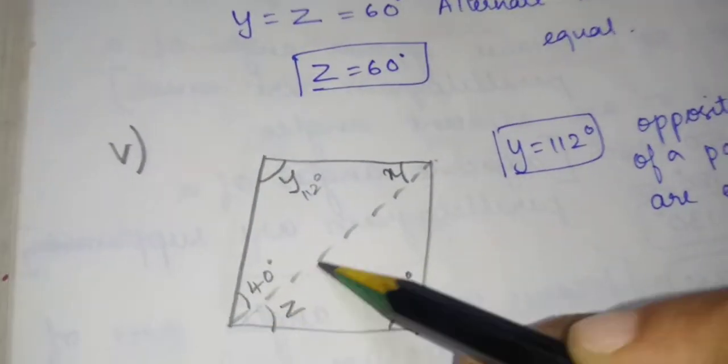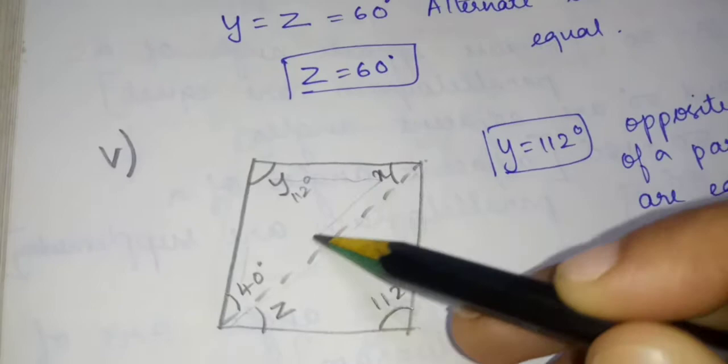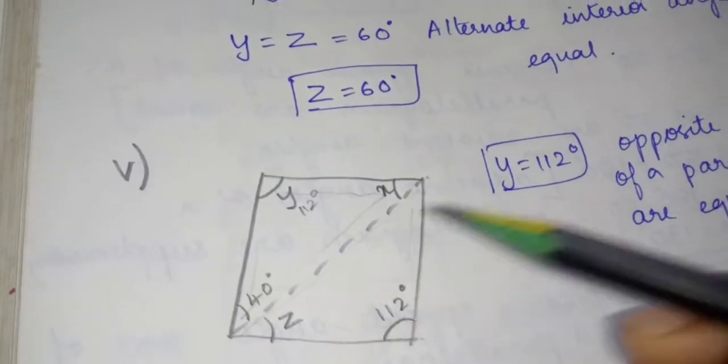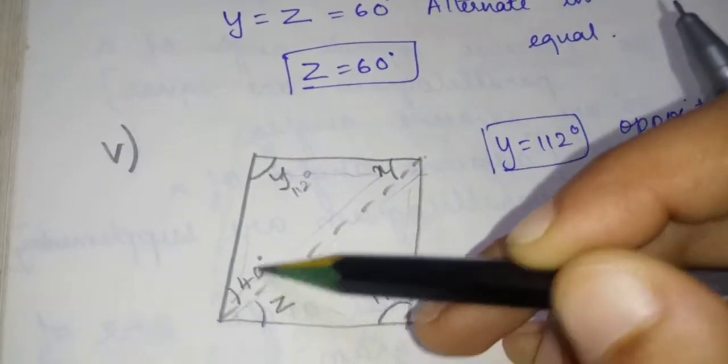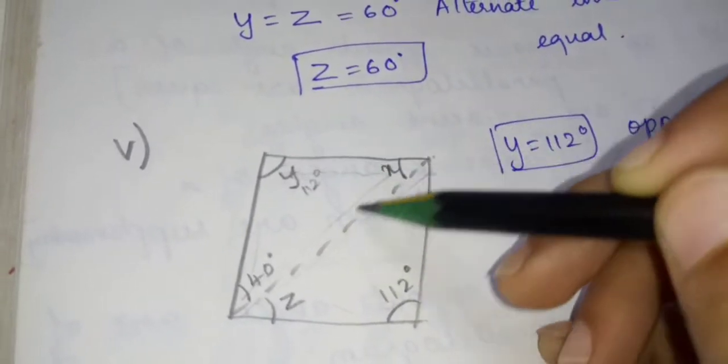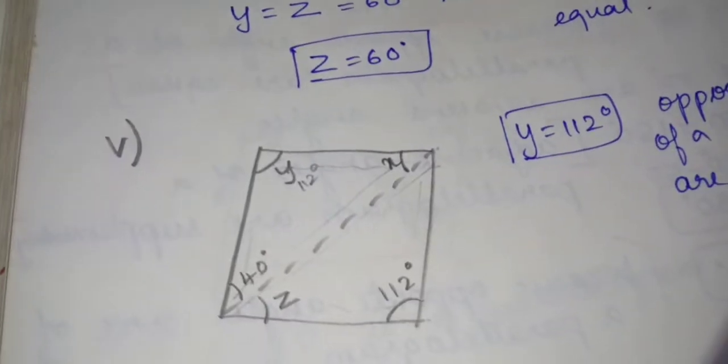This is one of the diagonals, so we have separated this into one triangle and this as one triangle. In this triangle, you don't know x. The sum of all the three angles of a triangle is 180 degrees.